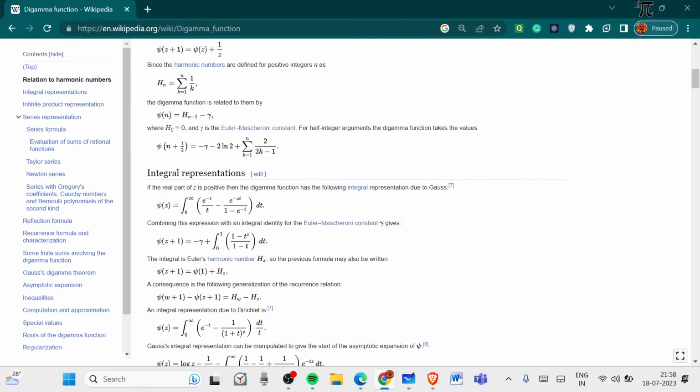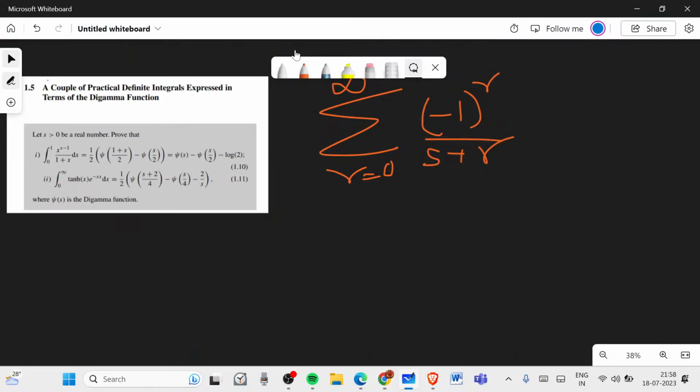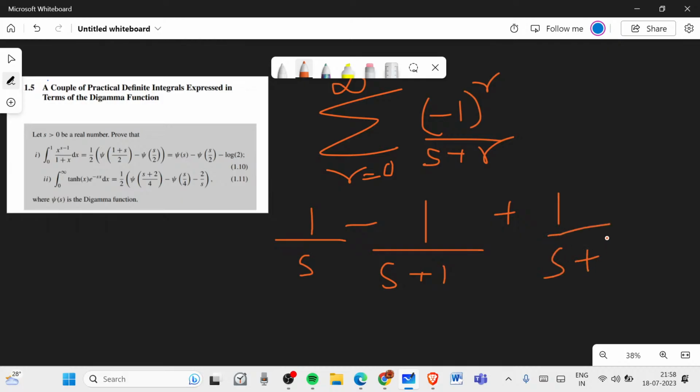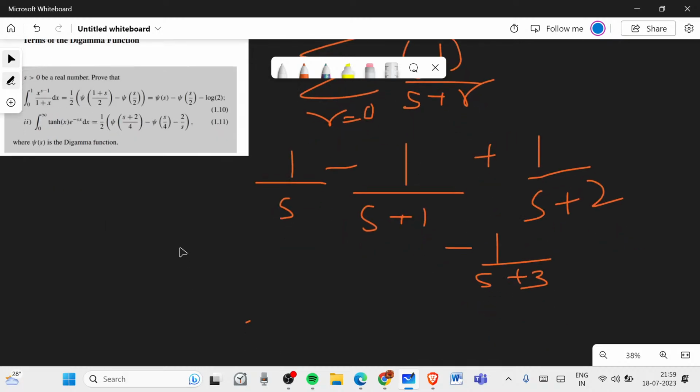So if I put r as 0, it's 1 by s minus 1 by s plus 1 plus 1 by s plus 2 minus 1 by s plus 3. If I put s as 0, then I'm simply getting ln 2, and that is even justified, whatever gamma is, right?